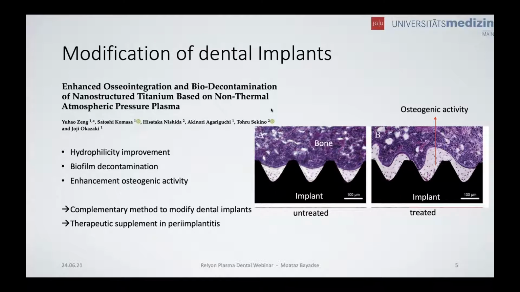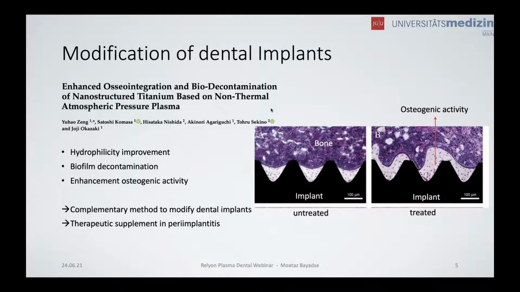Ting et al. investigated, in an in vivo and in vitro study, the biofilm decontamination and cell adhesion on titanium implant surfaces after a cold plasma treatment with the PiezoBrush 2. The results are very promising.